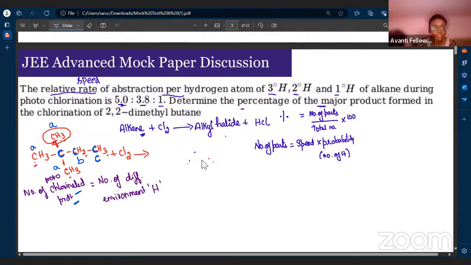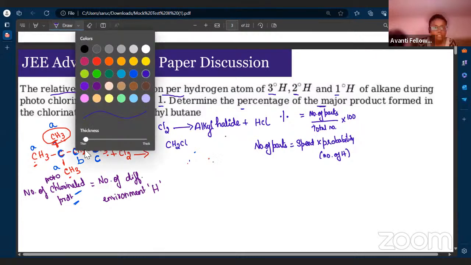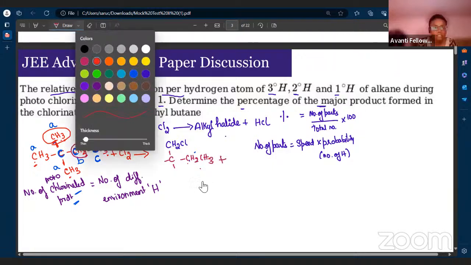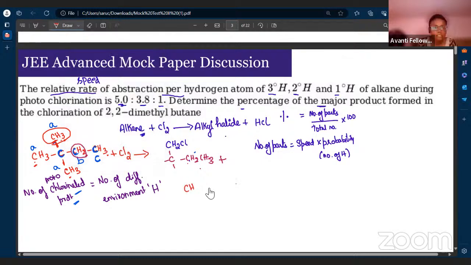You are going to replace the B environment hydrogen. So replacing the B environment hydrogen, I'll be getting CH3, carbon, and here you have to replace one hydrogen with Cl and the remaining is to be CH3.